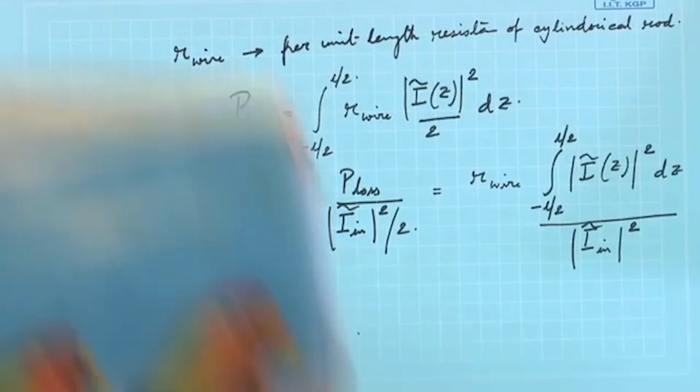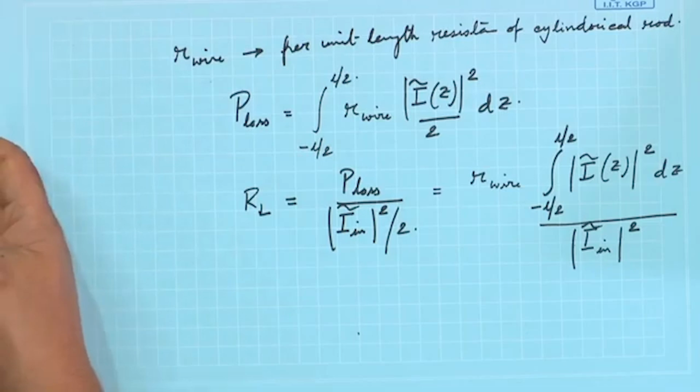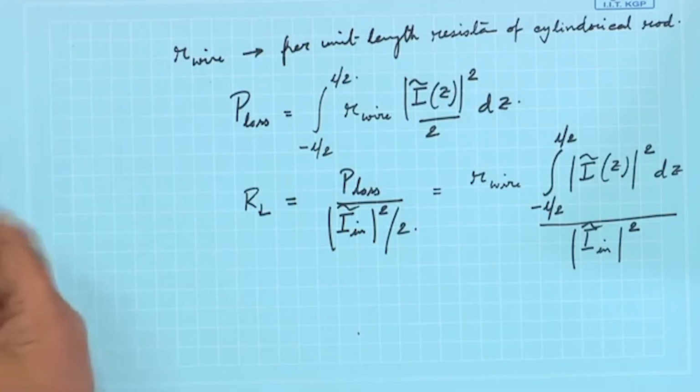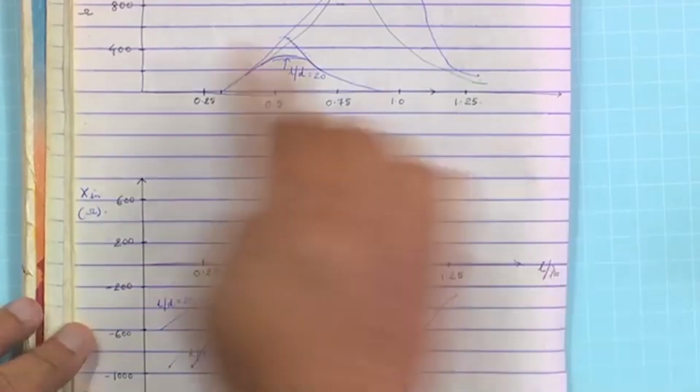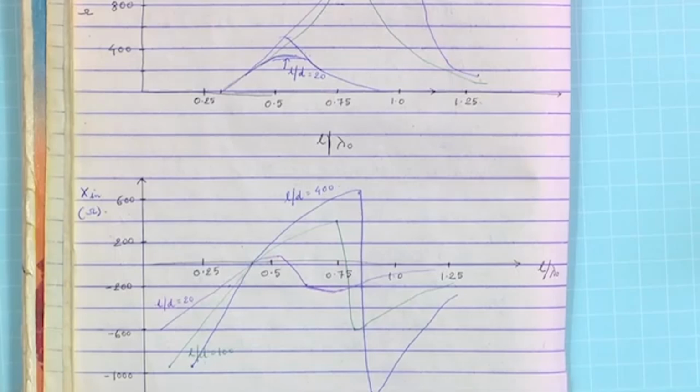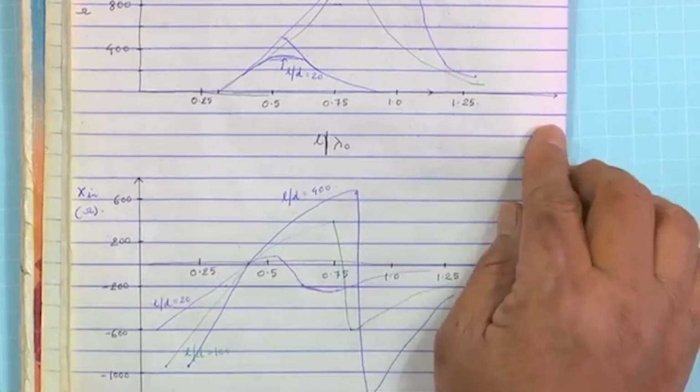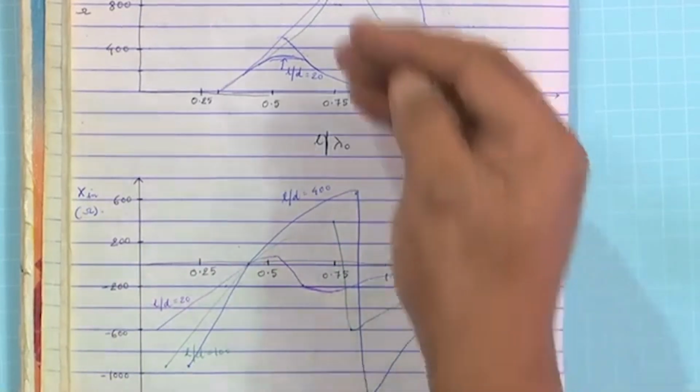People have drawn various curves on it, and for engineers these curves are available. This shows R in versus L by lambda naught, the resistance.